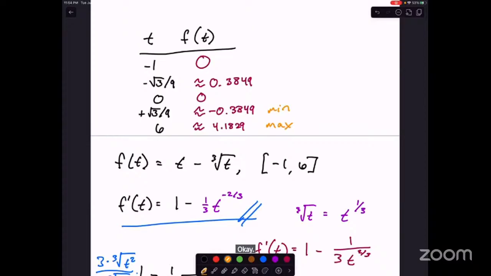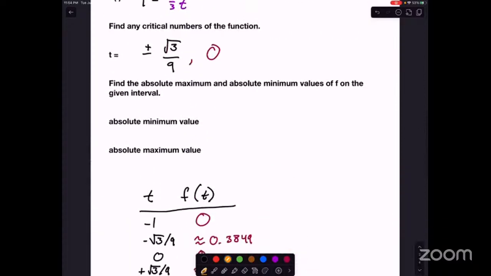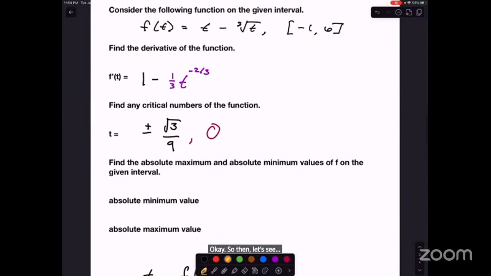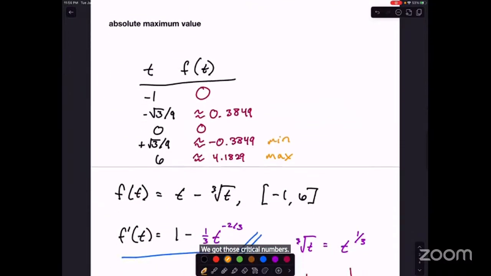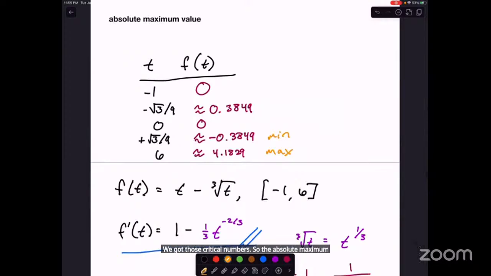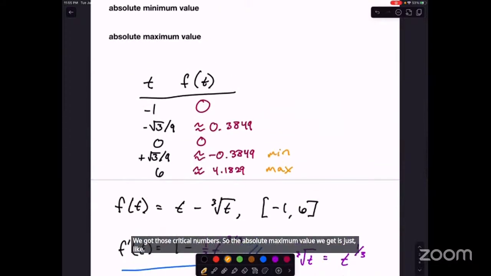So we got that derivative. We got those critical numbers. So the absolute maximum value we get is 4.1829.